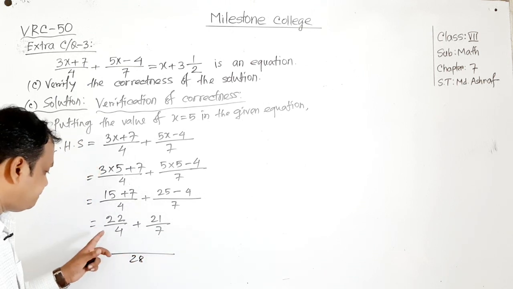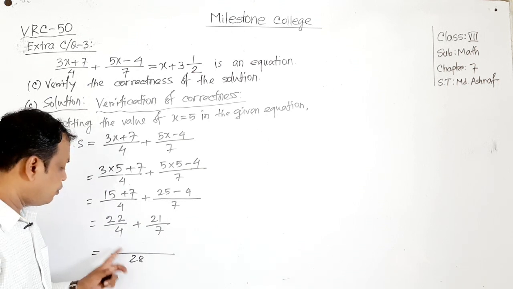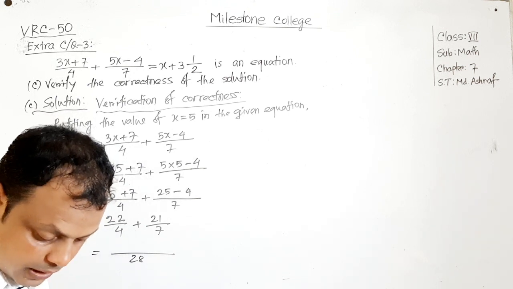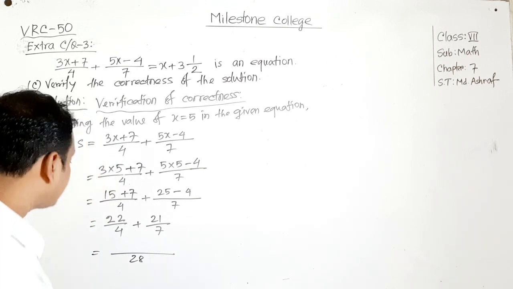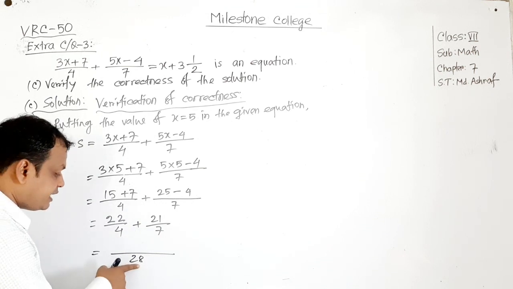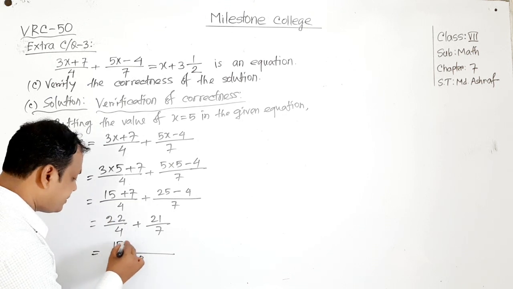So divide 28 by 4, then what do we get? We'll get 7. 7 and 22, we get 154.